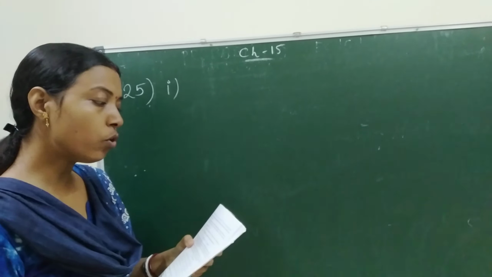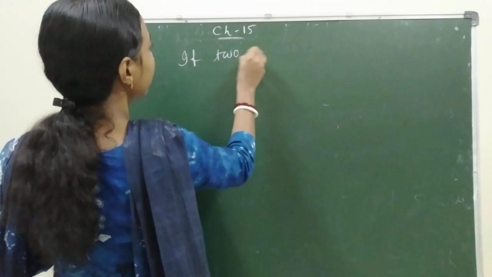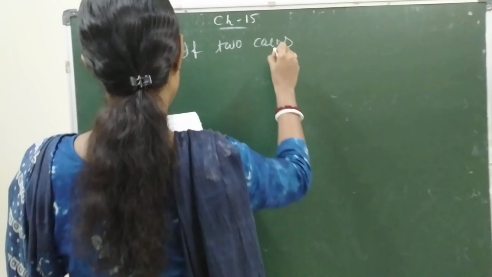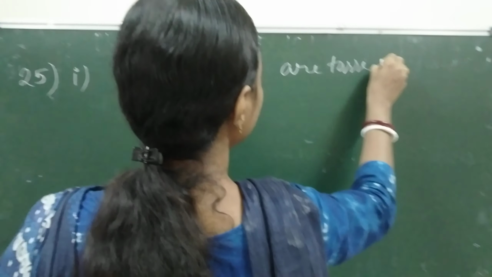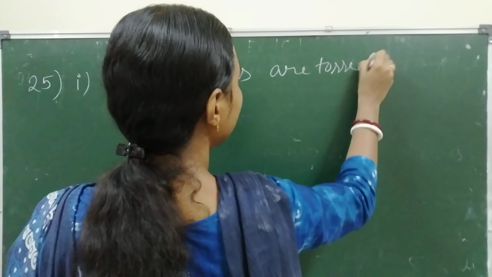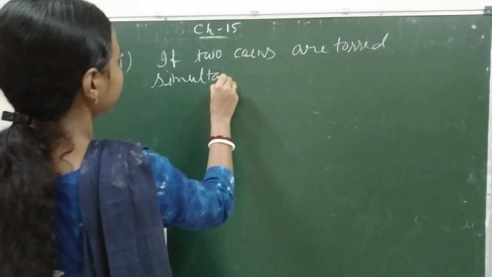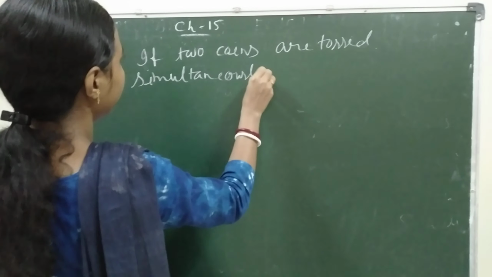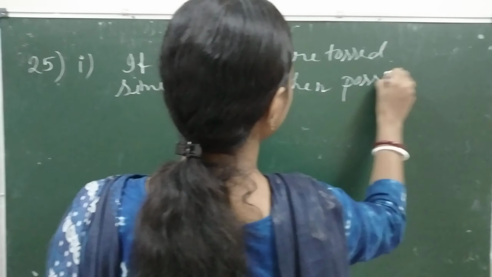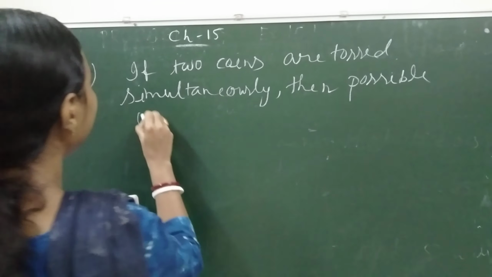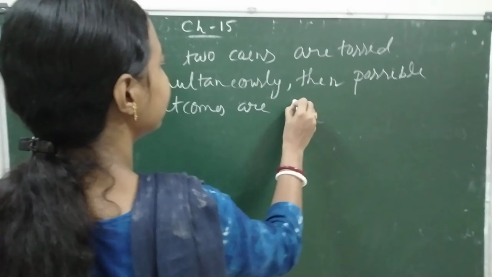If 2 coins are tossed simultaneously, then possible outcomes are what?